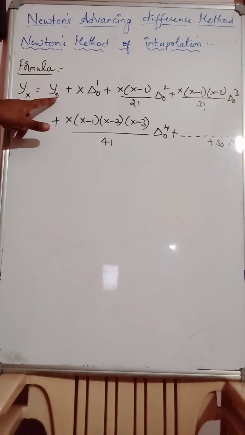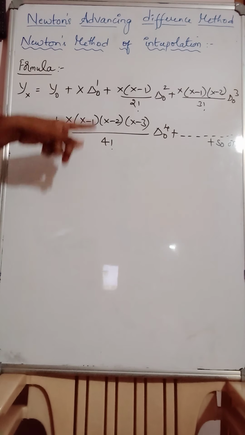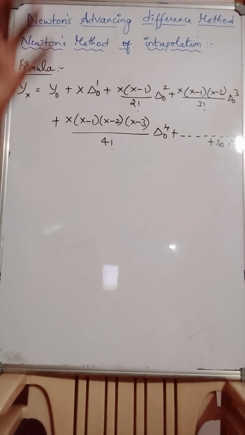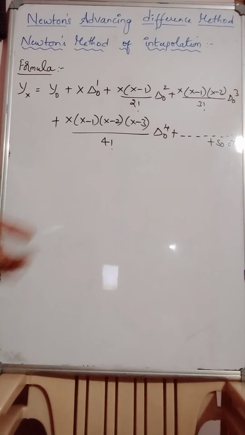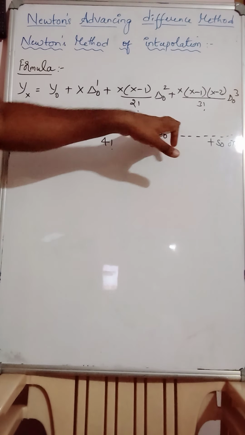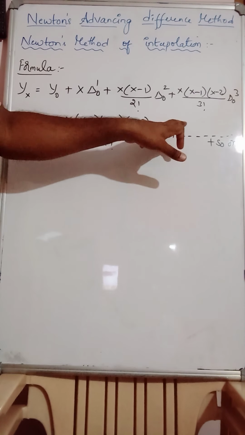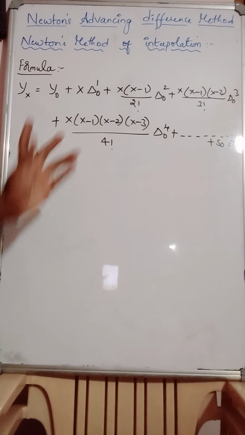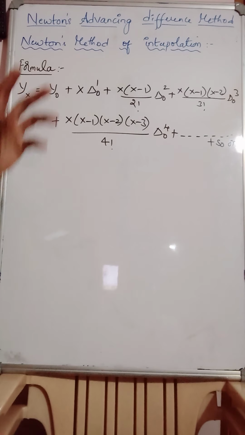See, what is this y naught? The origin value of the y dependent variable, remember. And at the same time, if n values of y are known, the number of known values also matters. Depending upon the n known values, we have to fix the leading difference terms, which are delta naught 1, delta naught 2, delta naught 3, delta naught 4, delta naught 5.